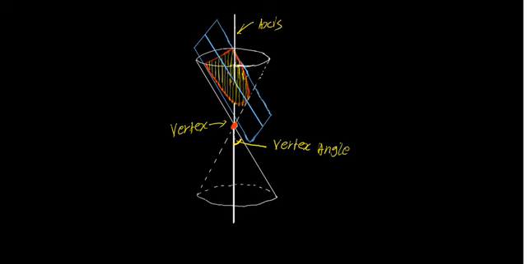So the angle that we are talking about that is equal to the vertex angle is this angle here, because this is our axis and this is the plane. The plane, I've drawn it in blue. So the angle between this plane and the axis is equal to the vertex angle, and that's one of the points that we really have to keep dear to ourselves, because it will help us to differentiate whether it's an ellipse, a parabola, a hyperbola, a circle or something else.